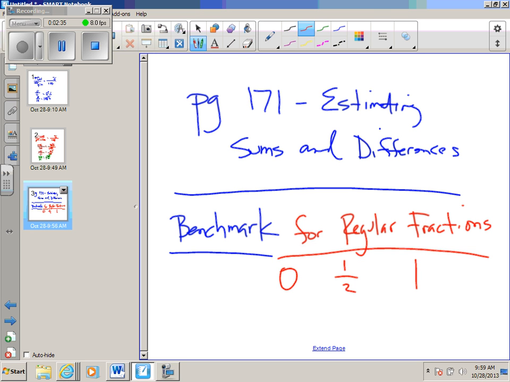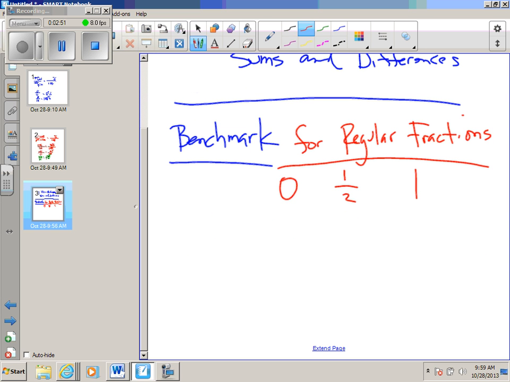The numerator, top number, is going to be smaller than the bottom one. 4 over 7. 9 over 11. Regular fraction. Not improper. Very good.